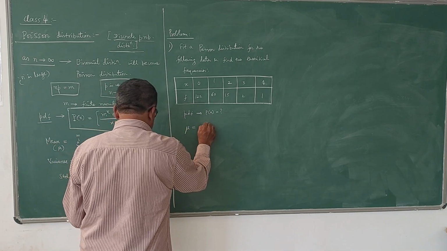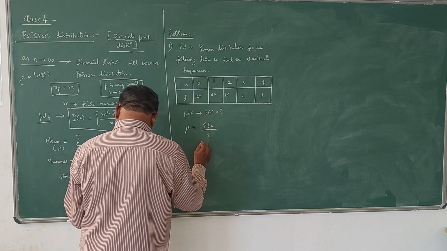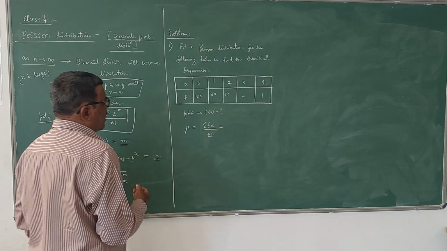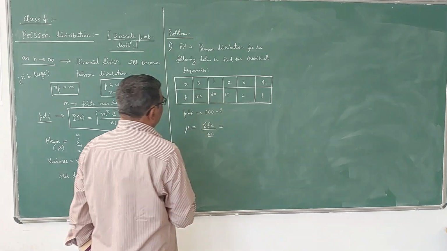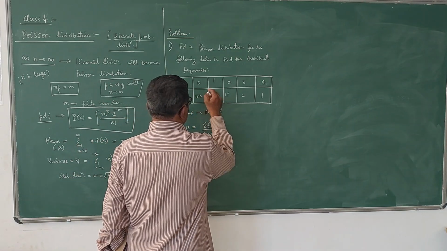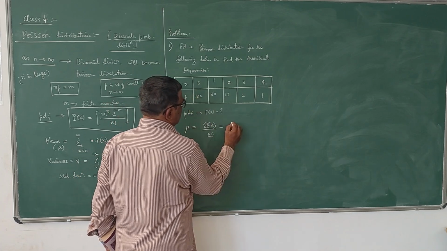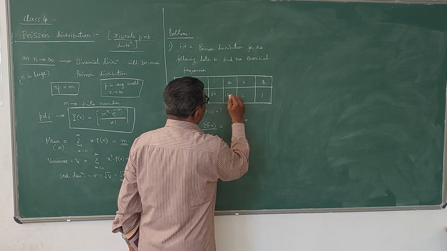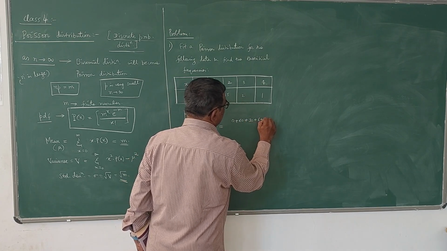Mu is given by sigma fx by sigma f. This is the formula when frequency is given. So sigma f into x: 122 into 0 is 0, plus 60 into 1 is 60, plus 15 into 2 is 30, plus 2 into 3 is 6, plus 1 into 4 is 4.